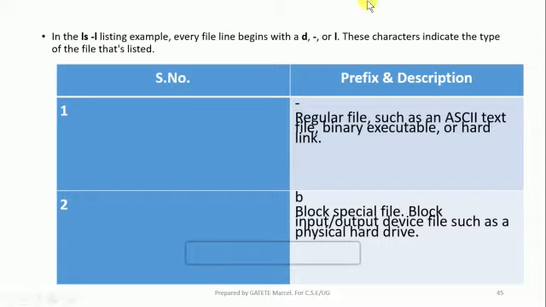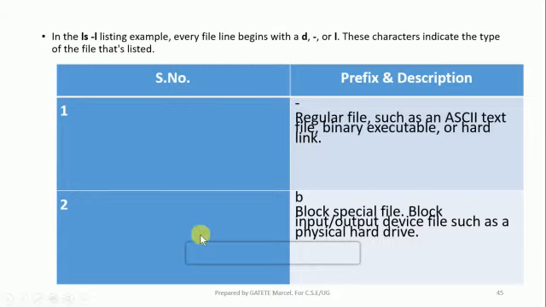If there is a hyphen, it means that this is a regular or normal file, like a text document, a binary executable, or a link. A link is a shortcut on which you click and you will be directed to another file.